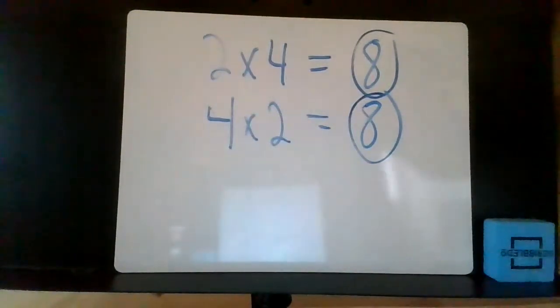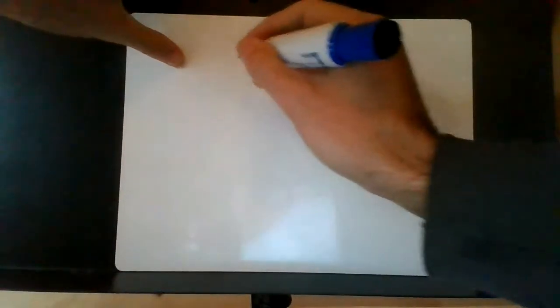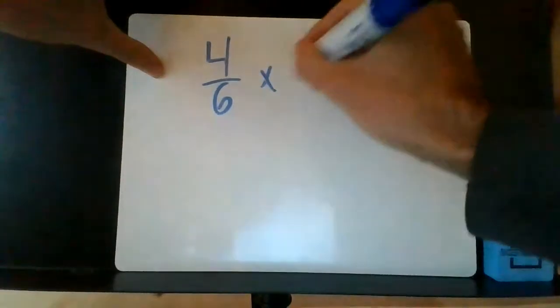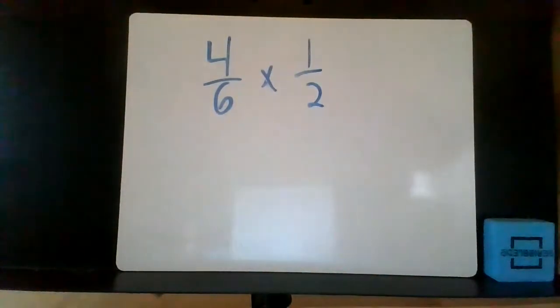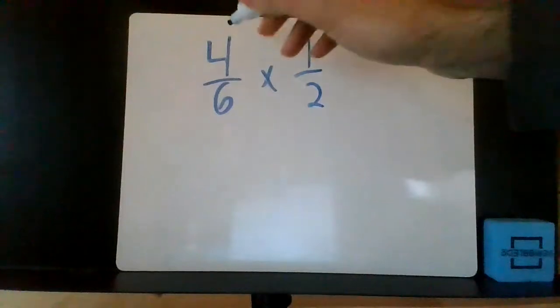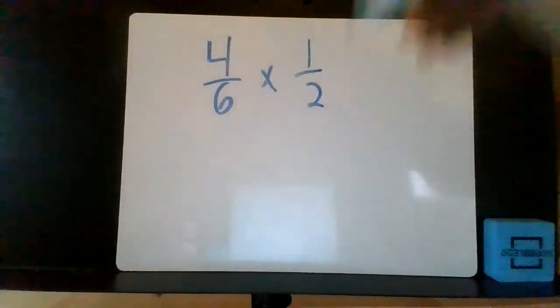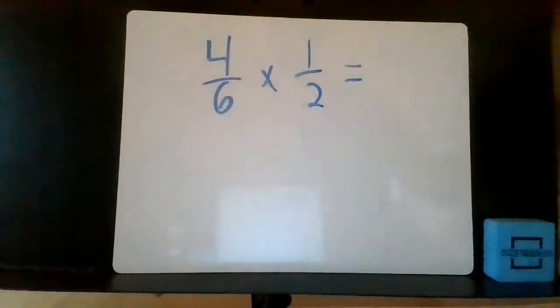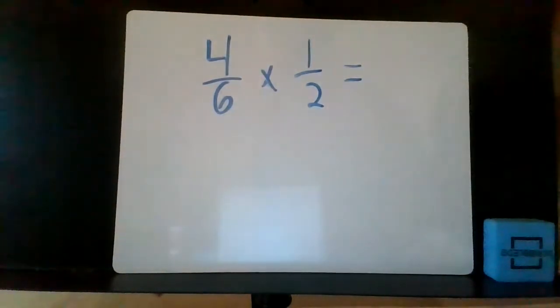And here is one example of that. We're going to take this problem here. We'll do 4/6 times 1/2. All right, so this could be thought of as 4/6 of 1/2, which may be difficult to conceptualize, to think about.